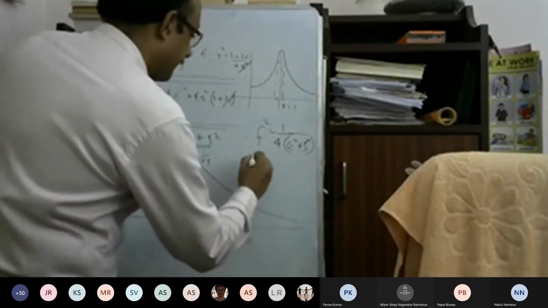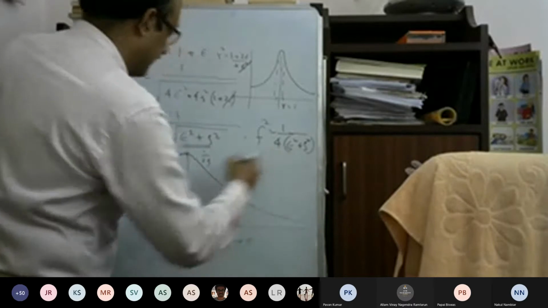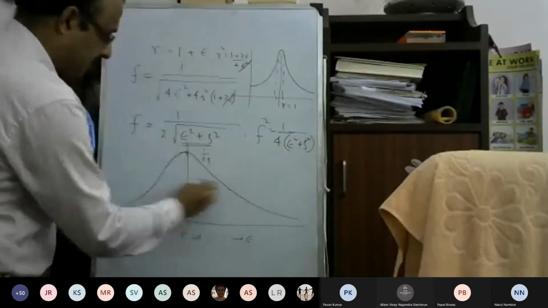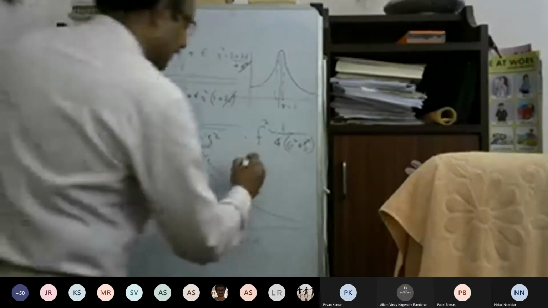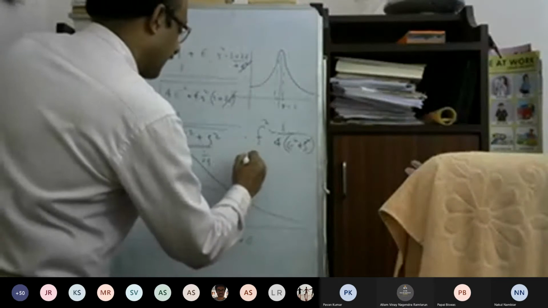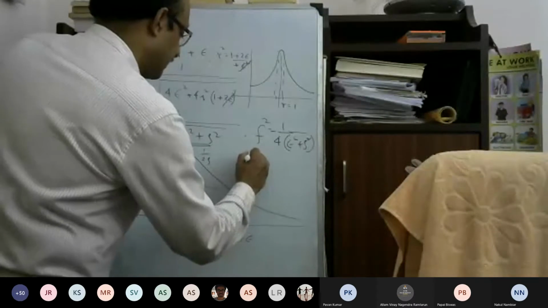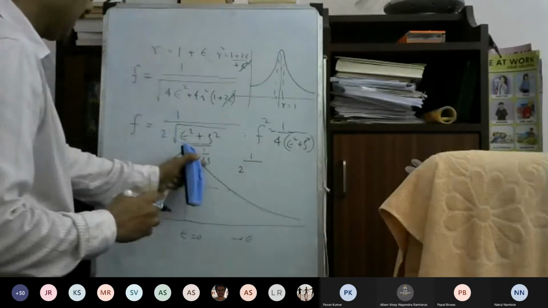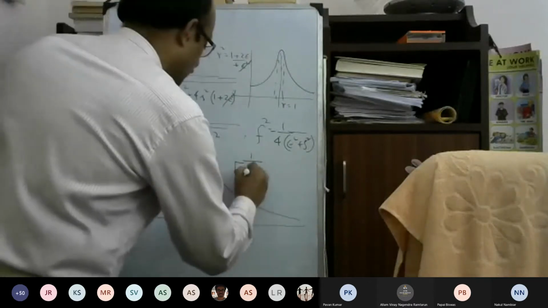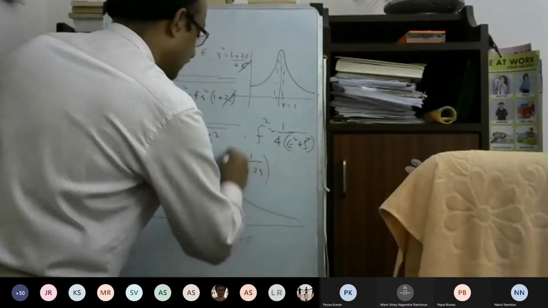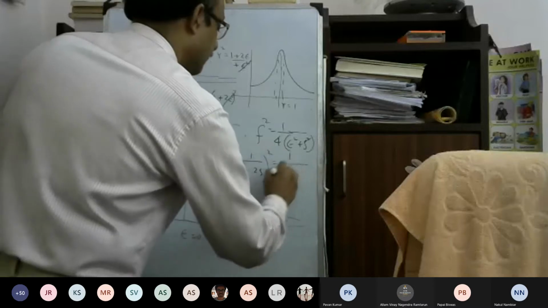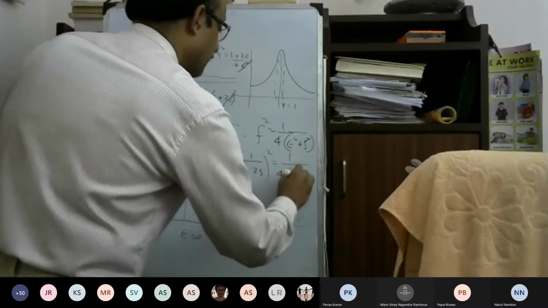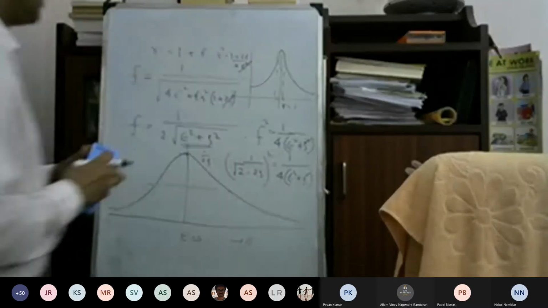So now you see that if you want to consider epsilon where this will go to 1 by root 2 value, that means f will go to 1 by root 2 times 1 by 2 zeta. f maximum is 1 by 2 zeta, so therefore this will be 1 by root 2 times 2 zeta square is 1 by 4 epsilon square plus zeta square.